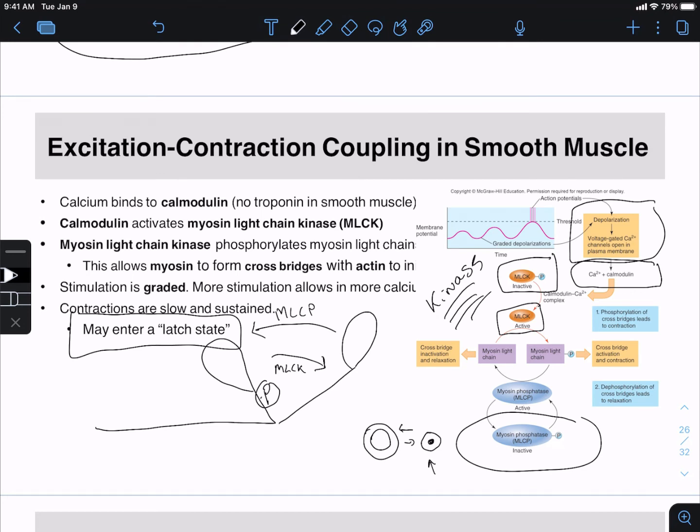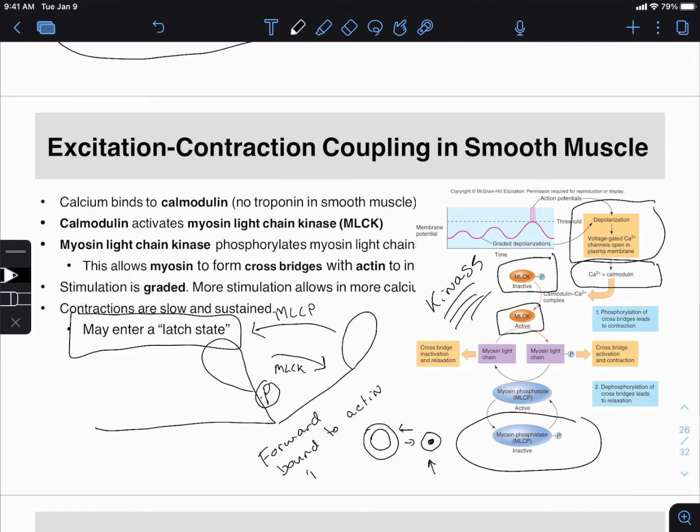But it actually remains in this state for a long period of time, and the reason is it inhibits that myosin light chain phosphatase so that we end up in this latch state, which is this forward state bound to actin, and so my muscle remains contracted.